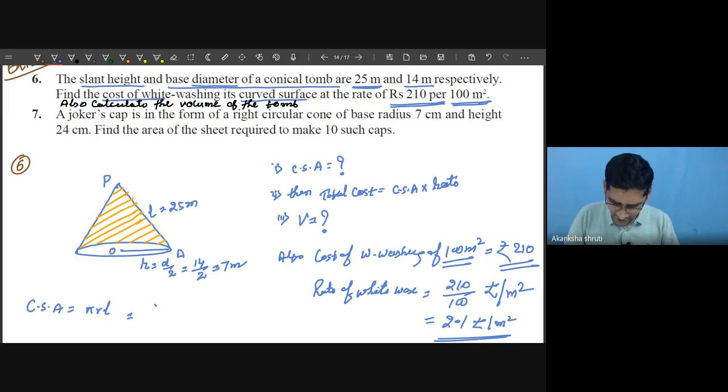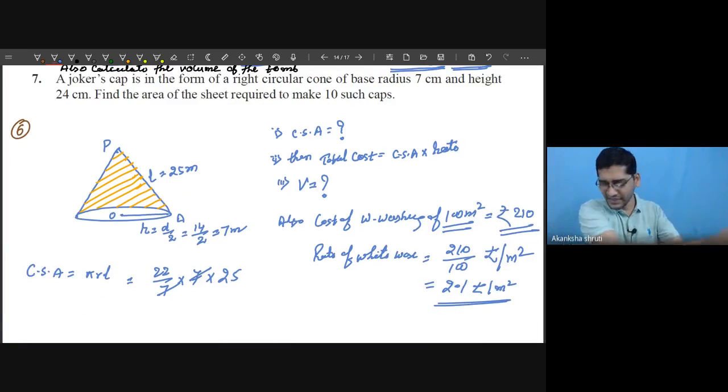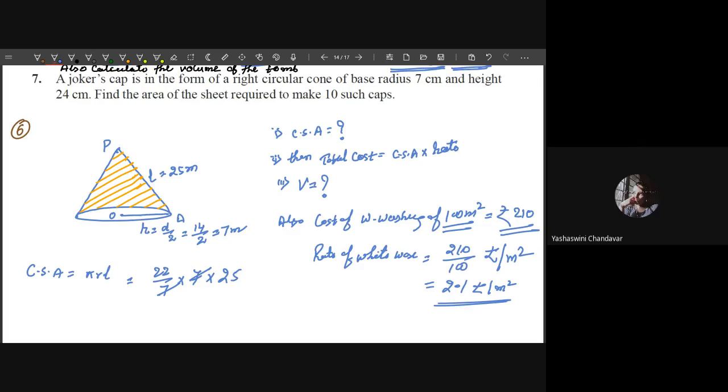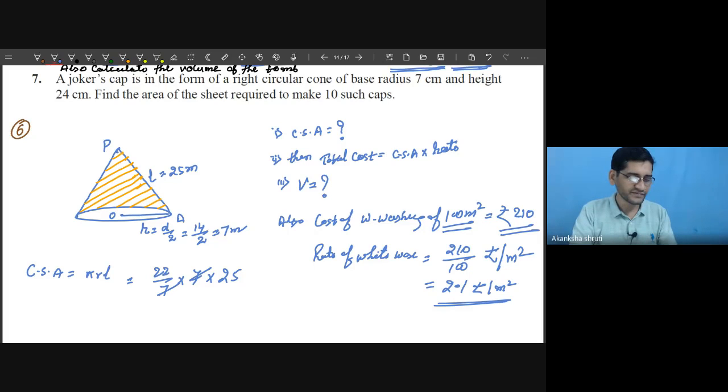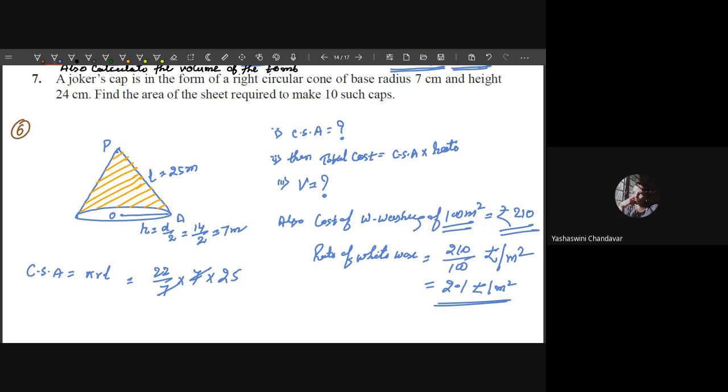So substitute 22 by 7 into r is 7 into l is 25. The 7 can be cancelled. So how much does it become, students? Yes, 550. Very good.